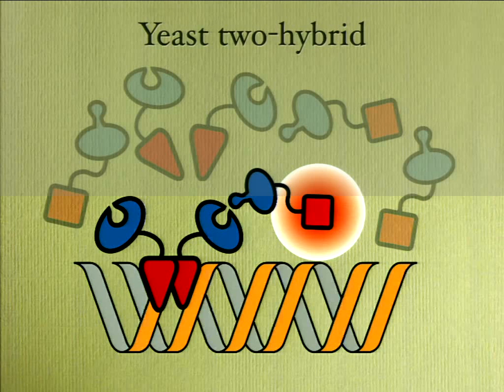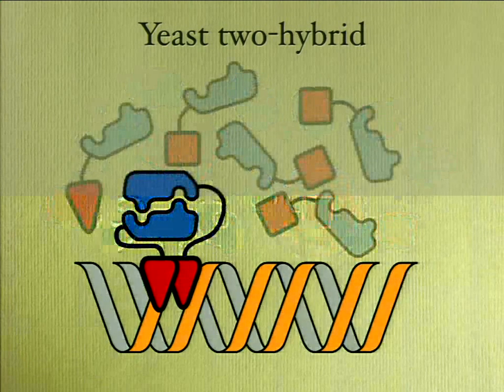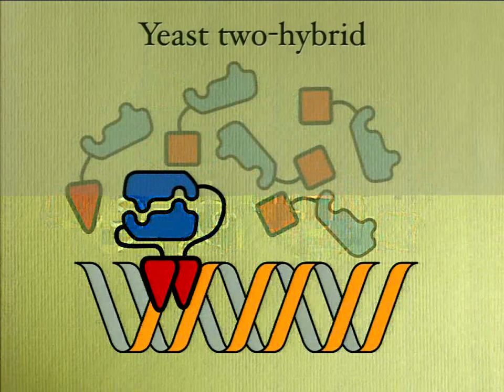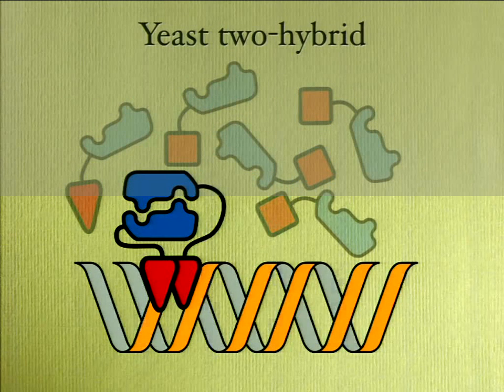What if that bait protein, whose interactions you're trying to find, is self-interacting? There's a propensity for it to interact with itself right there with the dimerized binding domains, and then there's no reporter to bind to get expressed.